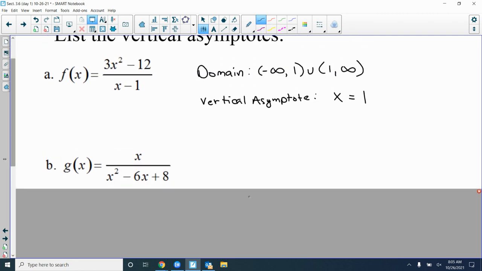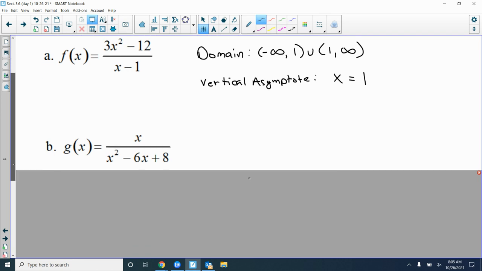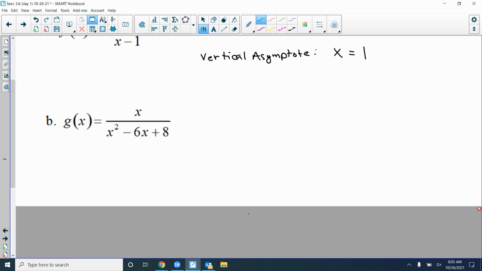Okay, now we have an x in the numerator and an x in the denominator. It's a rational function, g of x. Copy that down: x over x squared minus 6x plus 8. In order to figure out where the denominator equals 0, what do we have to do?